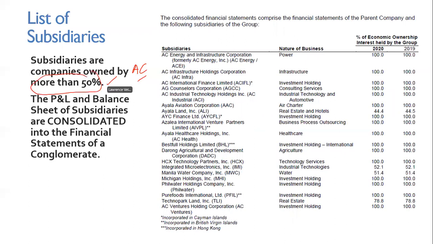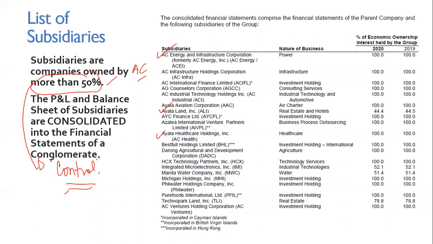Okay? Pag more than 50%, ang tawag dyan, there is control over that company. Okay? So here are the companies na subsidiaries ng AC. Okay? So for example, Ayala Land, okay? Or AC Energy and Infrastructure, or Ayala Healthcare Holdings. Okay? So these are all subsidiaries.